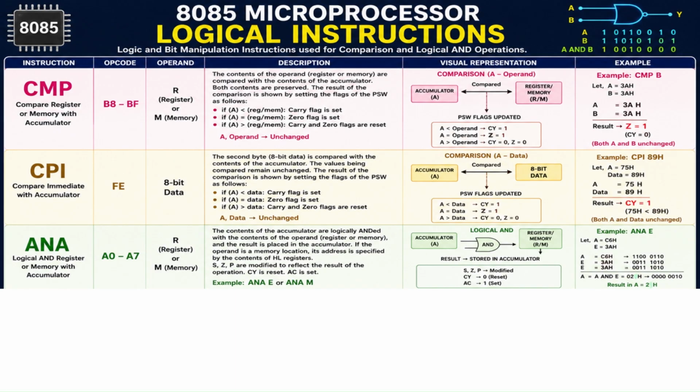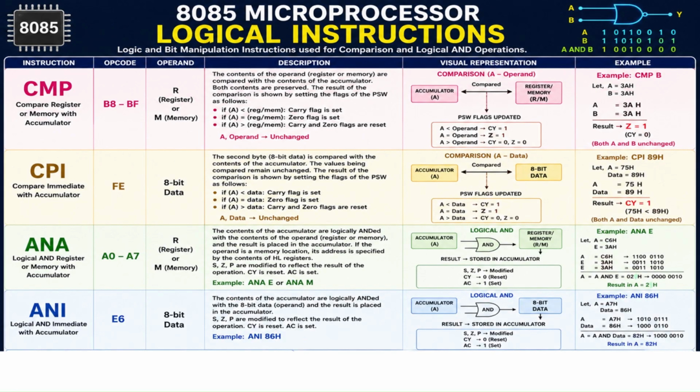This binary value is equal to 02H. So the new value stored in the accumulator becomes 02H. Notice only the accumulator changes, the register value remains unchanged. Also remember after ANA, sign, zero and parity flags are updated. Carry is reset to 0 and auxiliary carry becomes 1.